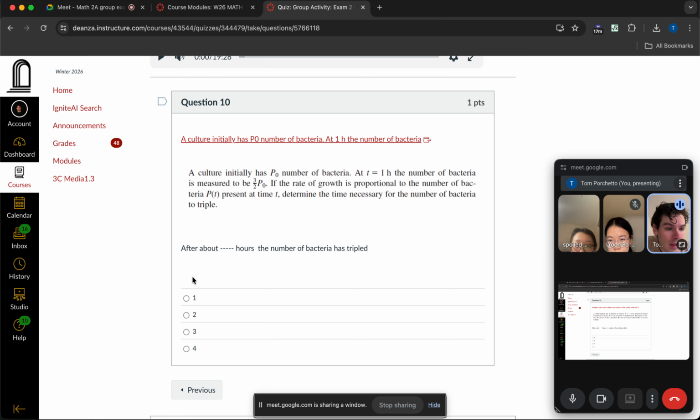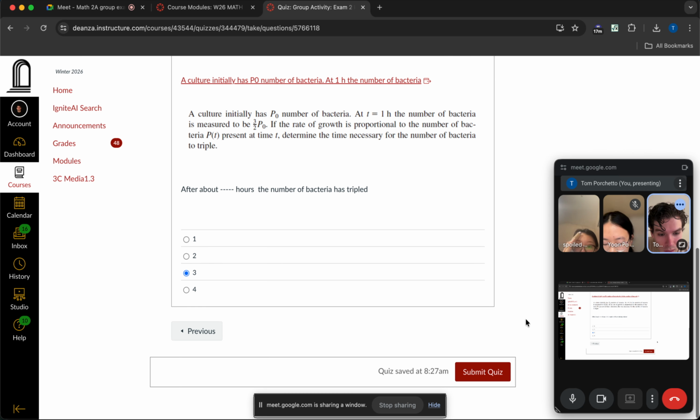We end up with ln 3 over k, because we have ln 3 in the numerator and k in the denominator, and k is equal to ln of 3 over 2. So rounding up, we end up with 2.71 hours, which is basically 3. So there we go.